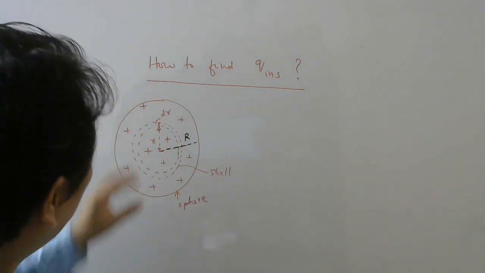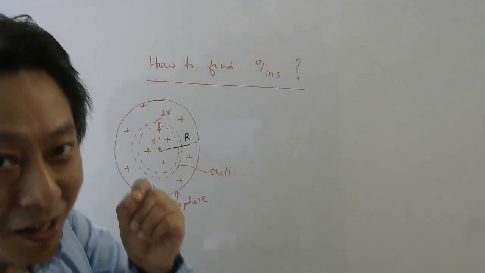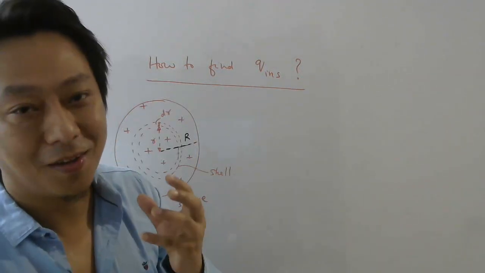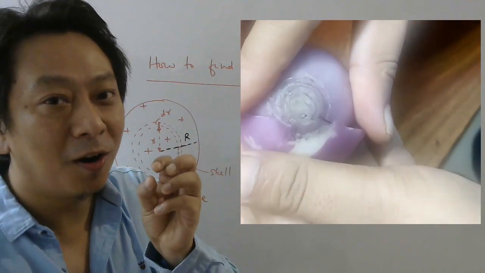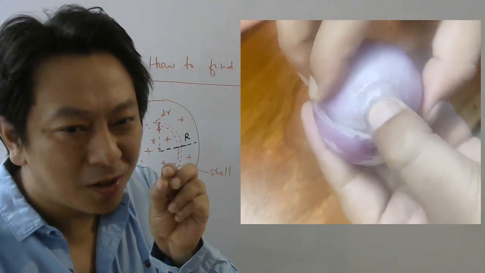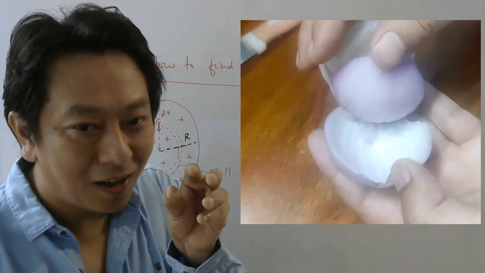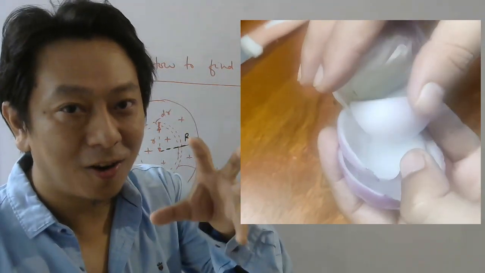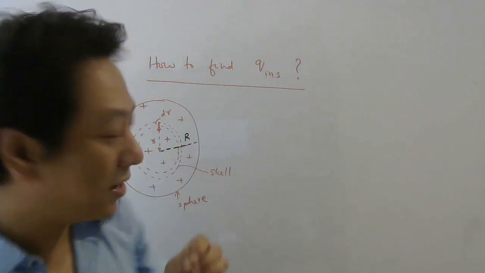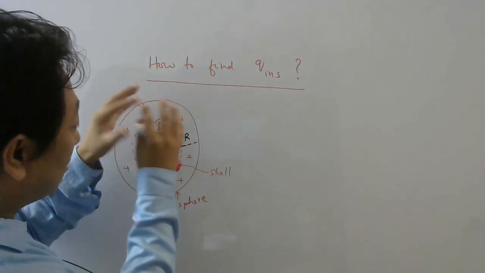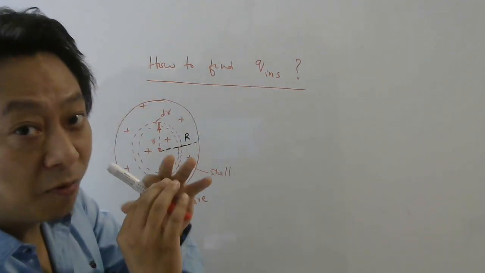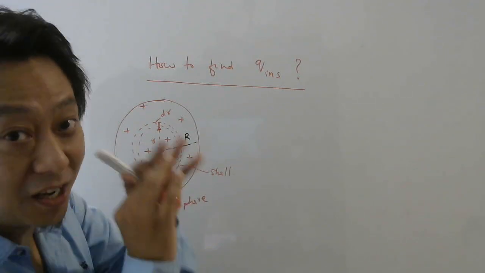Now students, how to find the charge of this? Well, one way is, think of an onion. An onion is made up of shells, right? You start with a small shell and then you increase the radius of the shell and then finally you get a solid onion, right? Similarly, think of this spherical charge as made up of shells of charge, shells, okay?